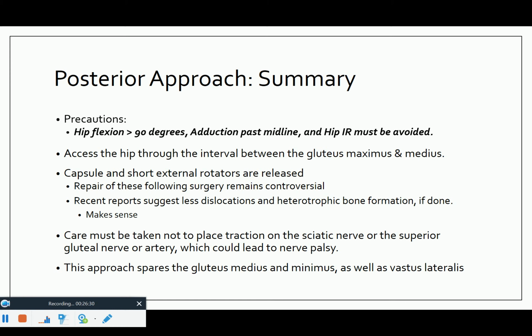But we still want to make sure that the patients understand this. And even though typically a hip dislocation would occur with all of these three happening in conjunction with each other, do not test your limit early on with these patients in doing some of these things in isolation. Do not do these.